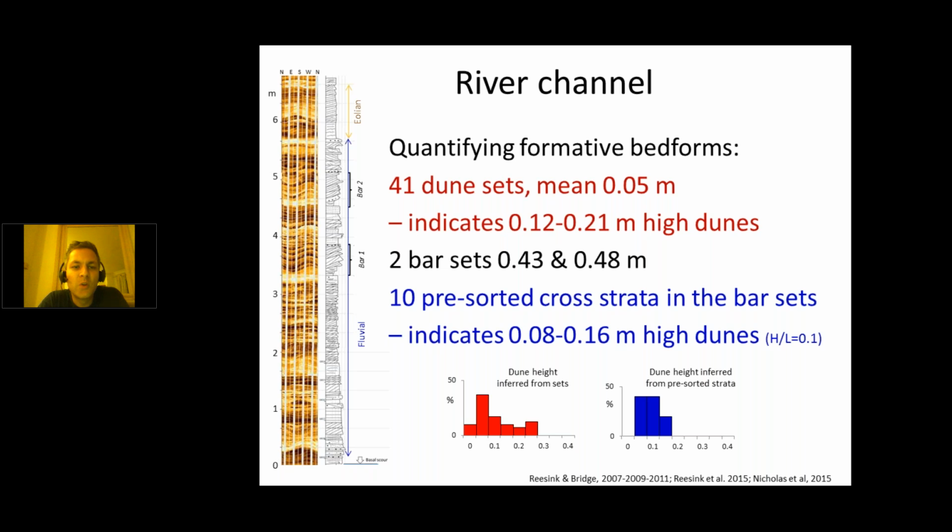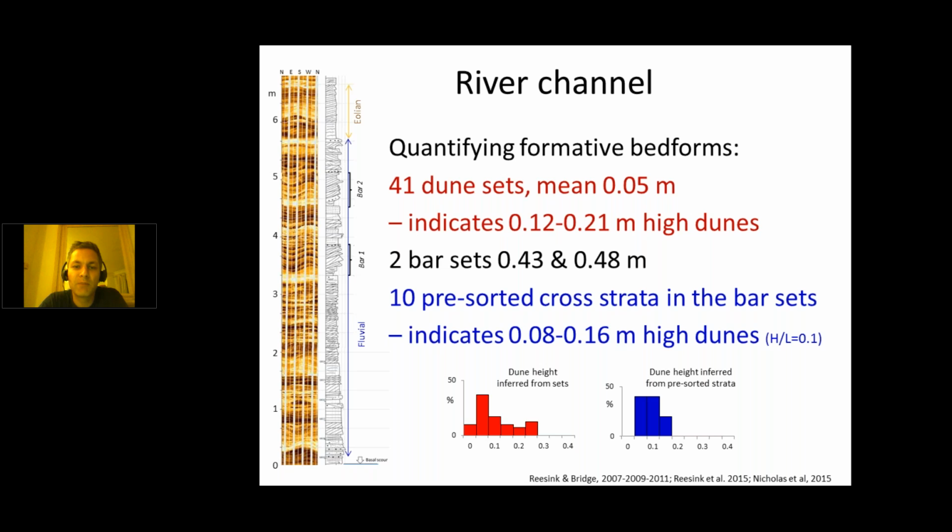We have 2 bar deposits indicated, bar 1 and bar 2, with little black brackets. Their thicknesses are 43 and 48 centimeters, and bars themselves are also a useful indicator of formative flow depths. In addition to that, those bar deposits are angle of repose cross-stratified sets. They're thick sets.